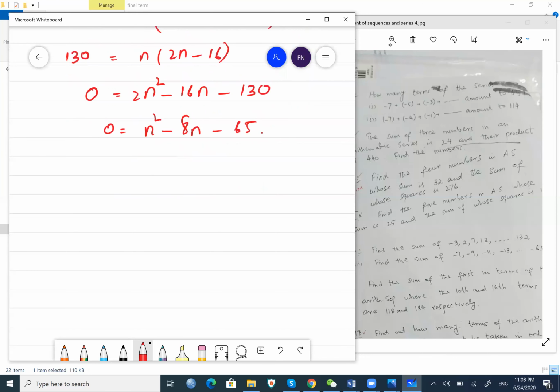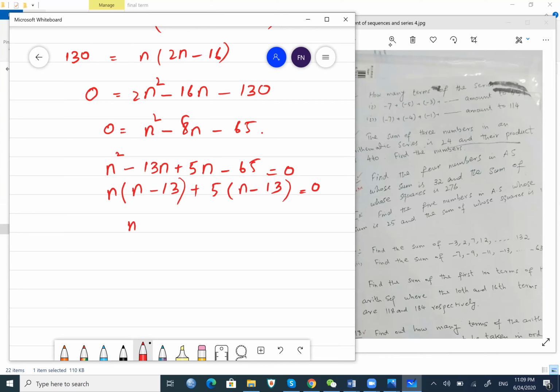Now we want to find n, so we can apply the middle term break, like minus 13n plus 5n minus 65 equals 0. So from here we can take out n minus 13 plus 5, so n minus 13 equals 0. Sorry, here it will be 13.